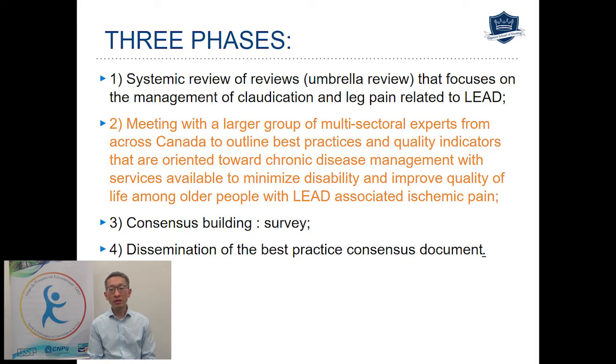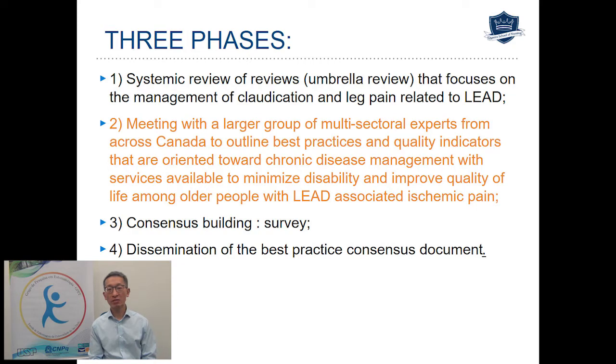And then the third phase that's still in process is based on some of those recommendations. We want to construct a survey that we can send to a broader audience for review and also to get feedback to determine whether those recommendations are sound and reasonable for them to implement in practice.